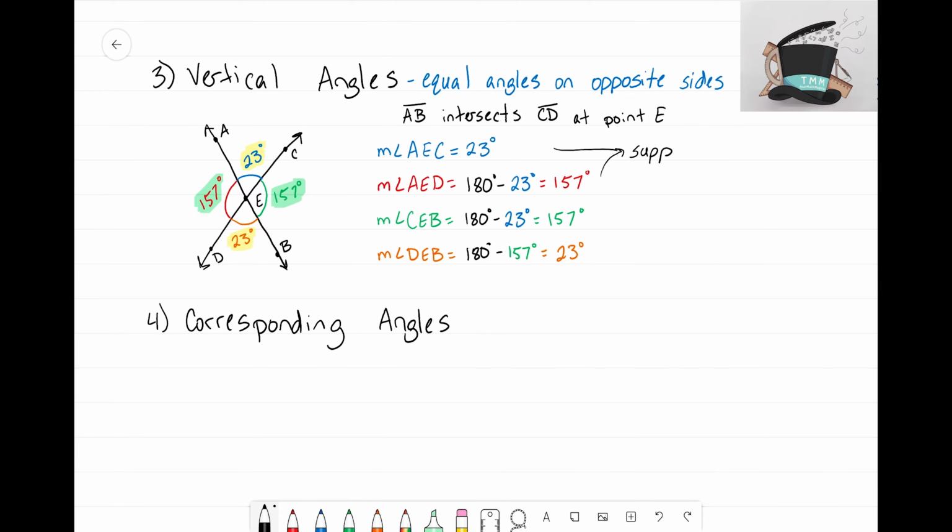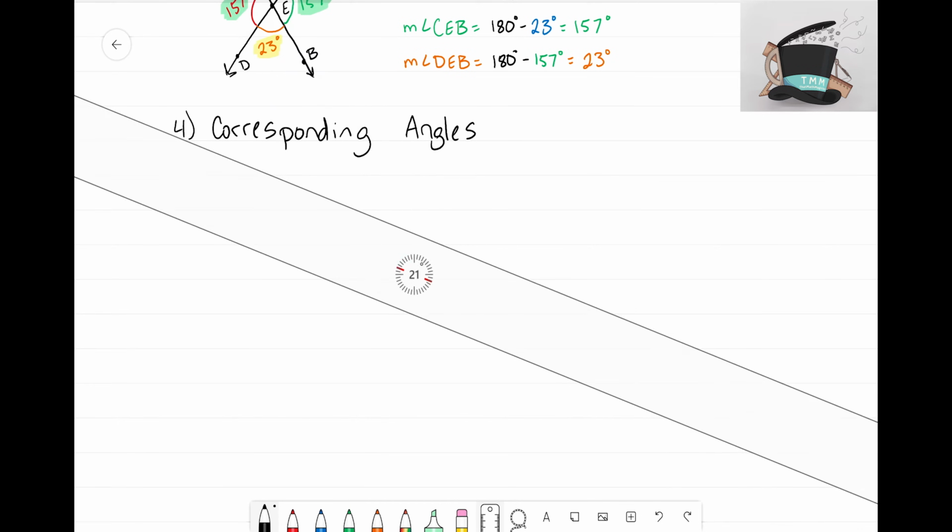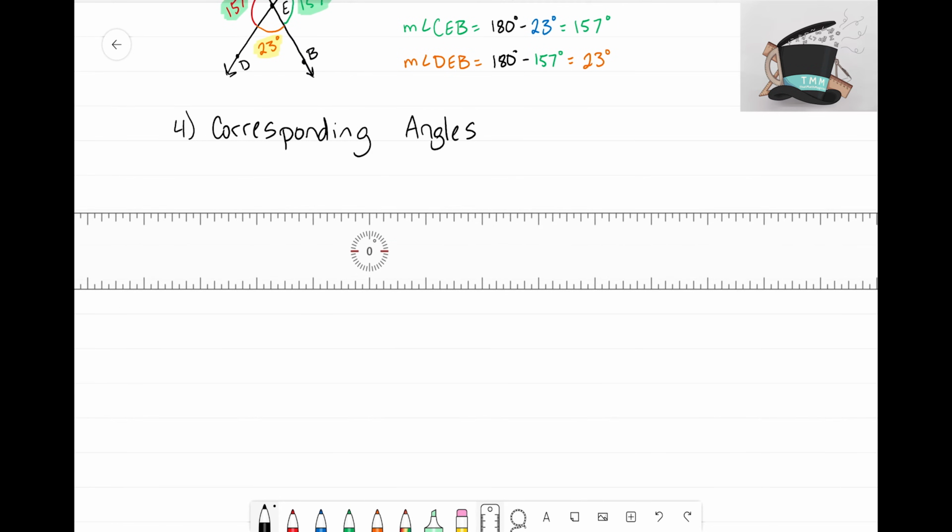Now, corresponding angles occur when we have two parallel lines that are being intersected by a third line. Let's draw that out so we can see. I'm going to get my ruler out so I can make sure that these lines are straight.